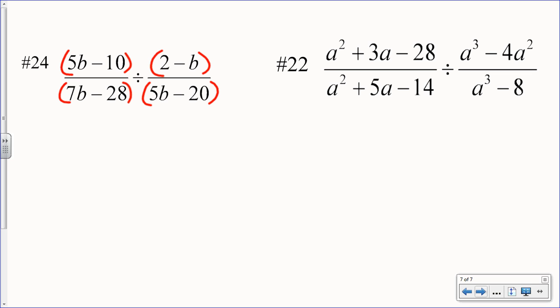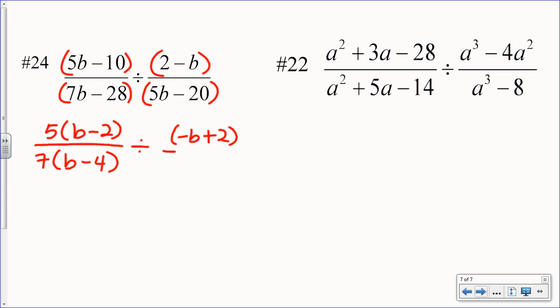So 5b minus 10, what do I factor out? 5. 7b minus 28, what do I factor out? 7. 2 minus b, can I factor anything? No, but let's switch the order. 5b minus 20, what do I factor out? 5.